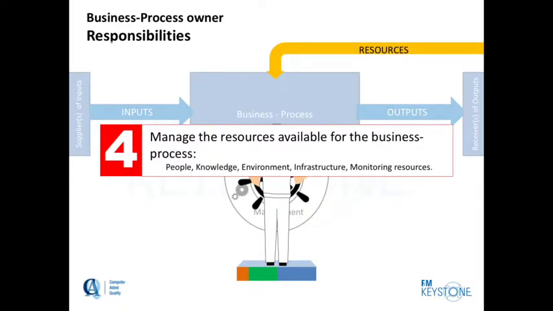4, manage the resources available for the business process. In practical terms, make sure that the people needed to conduct these tasks are available, that they have the knowledge that makes them competent, the training, the skills, and the on-the-job experience.